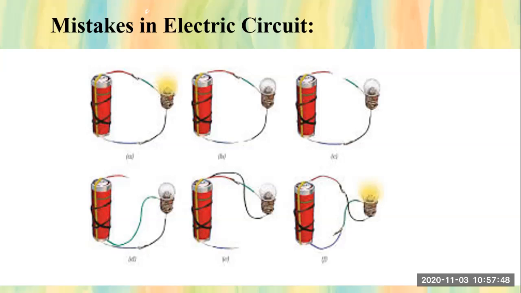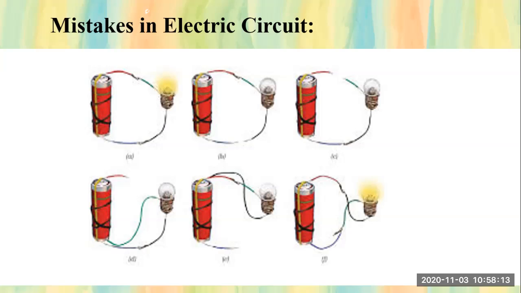Now see in the first figure, the first terminal of the bulb is connected to the positive and the second terminal is connected to the negative of the cell. Now we will reverse it. The first terminal of the bulb is connected to negative and the second terminal of the bulb is connected to positive. Vice versa, it is complete only, right?